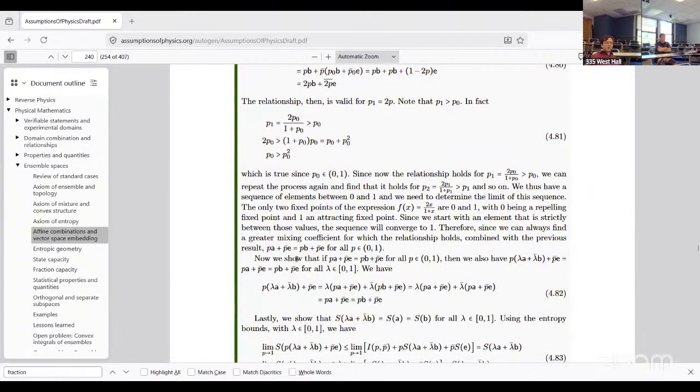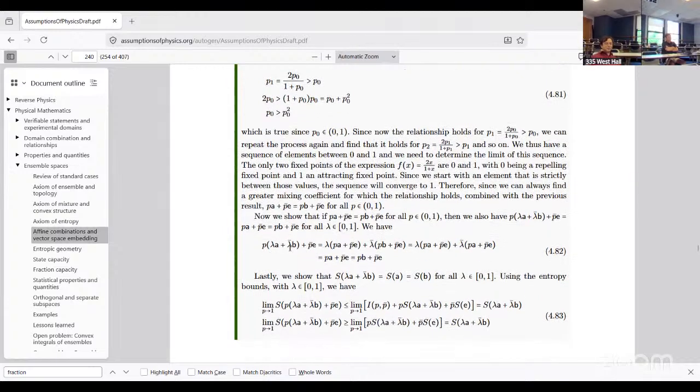And now you want to show that if this is true for all the 0 to 1, then it's also true that you can mix the A and B's with some other coefficient, and you're still good. And for that, it's again one of these switcheroos.